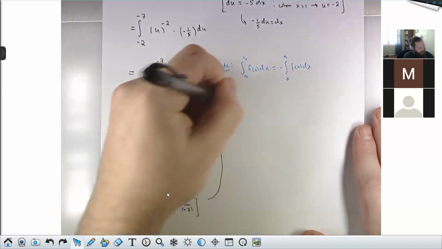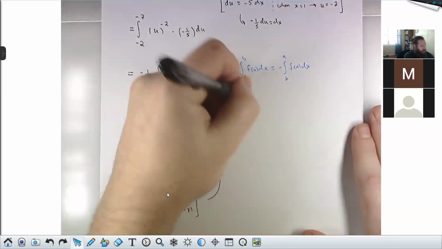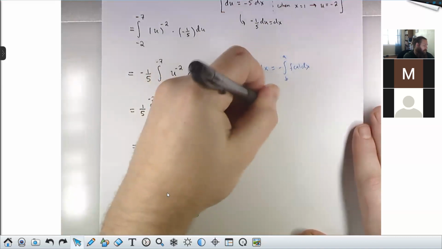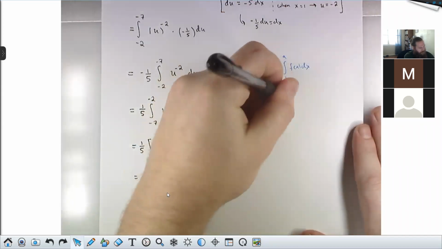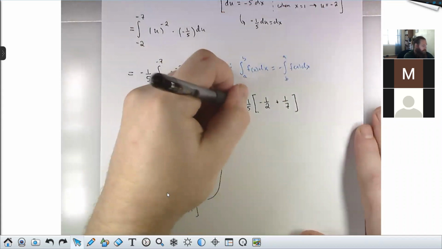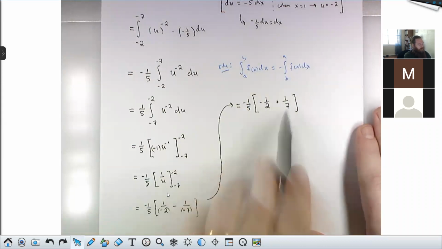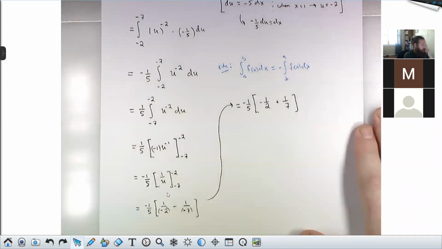I'll continue simplifying up here. This is -1/5 times 1 over -2 is -1/2. And then I have minus -1/7. That's going to become plus 1/7. And then my common denominator here should be 14. This is -7/14. This is +2/14.